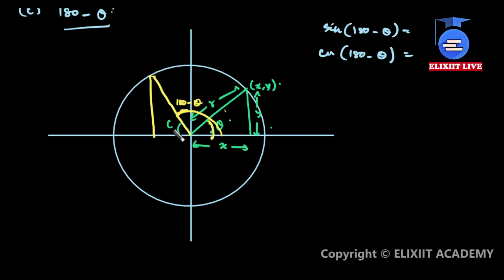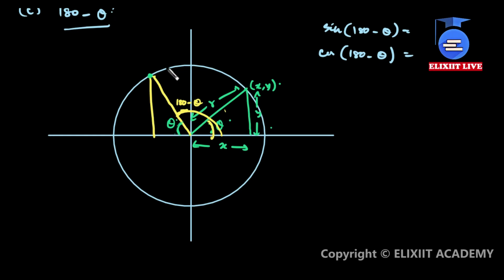This angle is also theta, right? We are first creating theta. This much distance is 180 minus theta. So total this particular distance will be only theta, 180 minus theta. You need to figure out what this particular coordinate is.